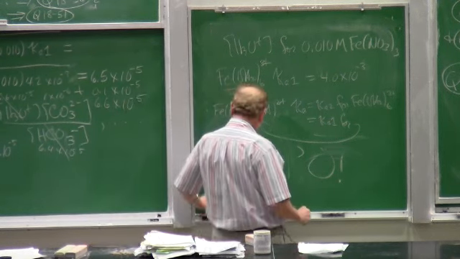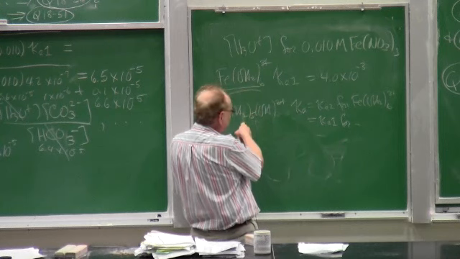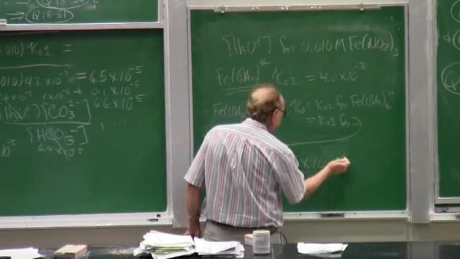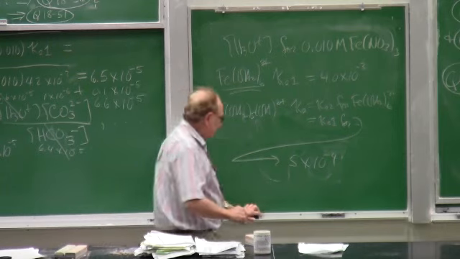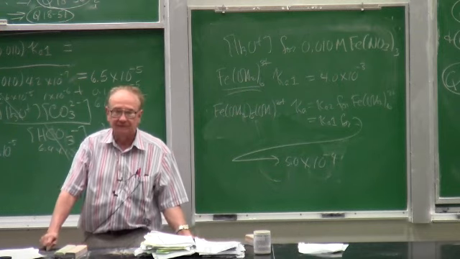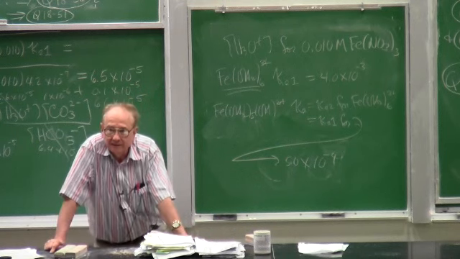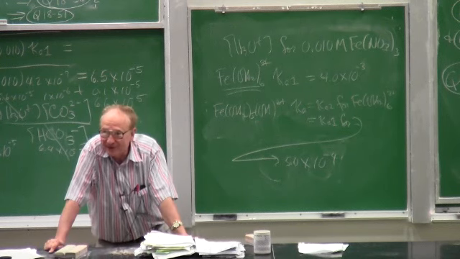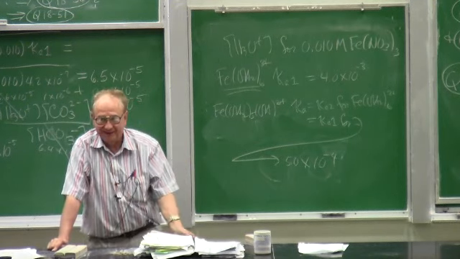Ka2 for this, same as Ka1 for this, is 5.0 times 10 to the minus 4. Why does this make this special fun? You see the difference in these K values? Is there much difference? Not at all. So guess what? In this case, the second ionization equilibrium does contribute.